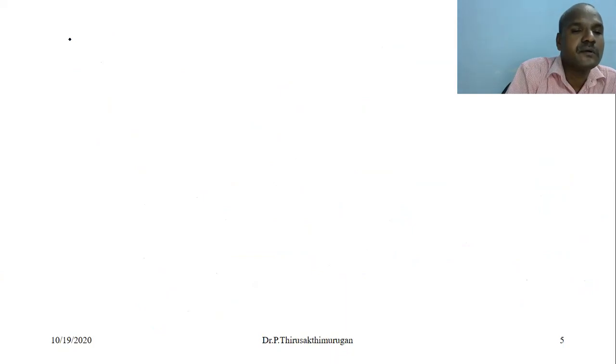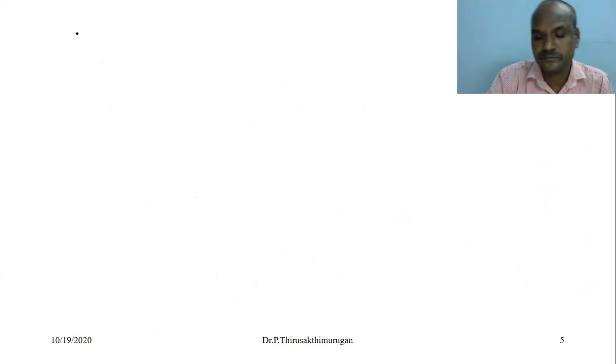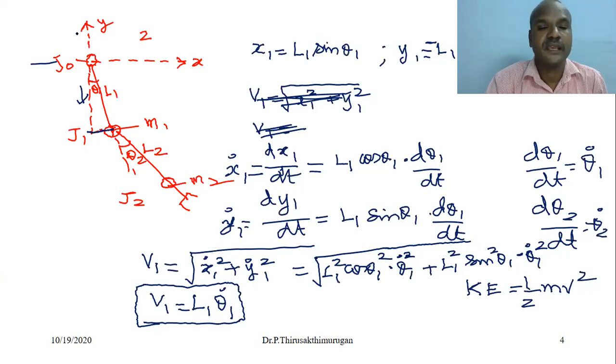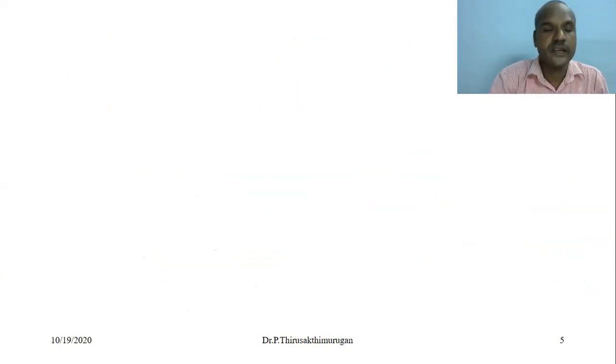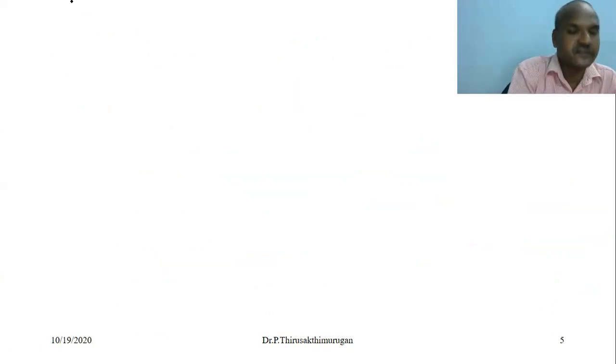So similarly, let us find the x coordinate and y coordinate at the joint 2. At the joint 2, what are the x coordinate and y coordinate here?